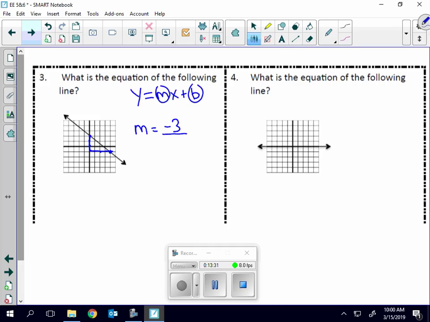So down 3, right 4. And therefore our y-intercept is where it hits the y-axis, which looks like there, and which is 2. And maybe they weren't going for that, but that's what I'm going to use for my slope and y-intercept. So y equals negative 3/4 x, don't forget your x, plus the 2.